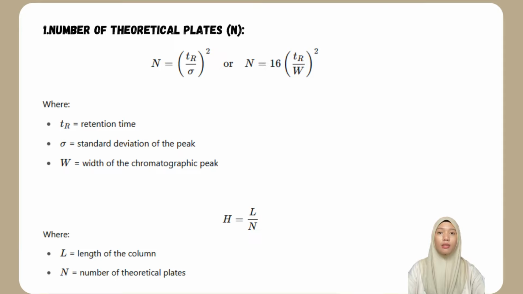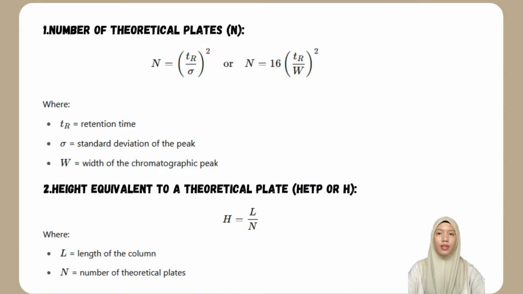To understand the efficiency of a chromatographic column based on the plate theory, we use two important calculations. The first one is the number of theoretical plates, represented by N. It tells us how many imaginary equilibrium steps or plates exist in the column.